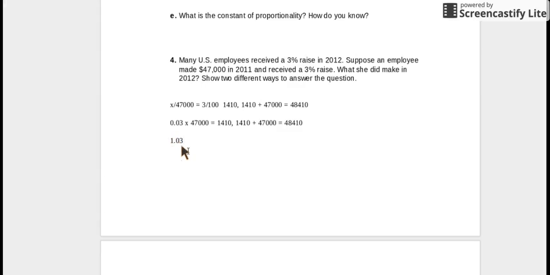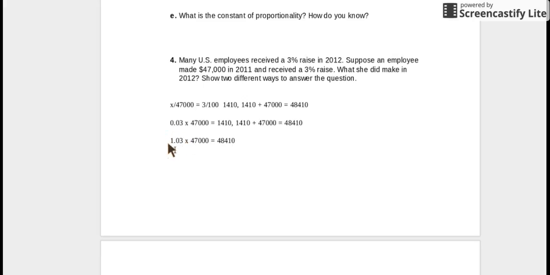What this means as a percent is 103%. If we were to multiply that by our 47,000, that would give us immediately 48,410. And it cuts out a lot of this extra work of adding on the 47,000 again.